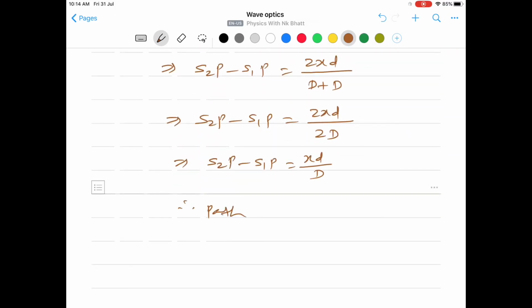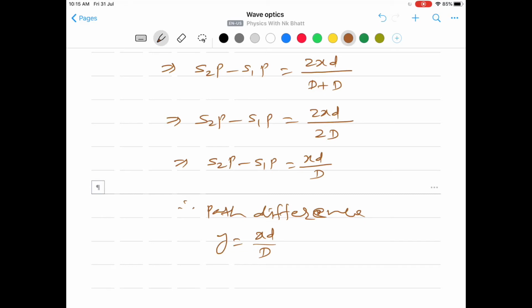Therefore, path difference y is equal to xd upon capital D.